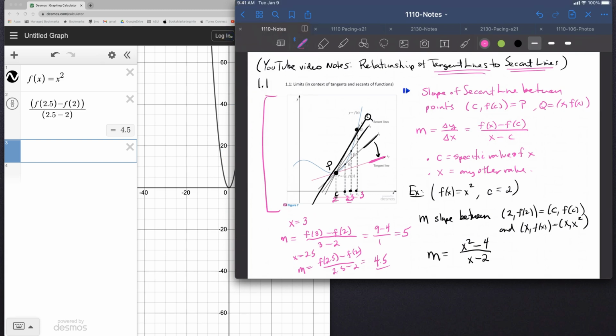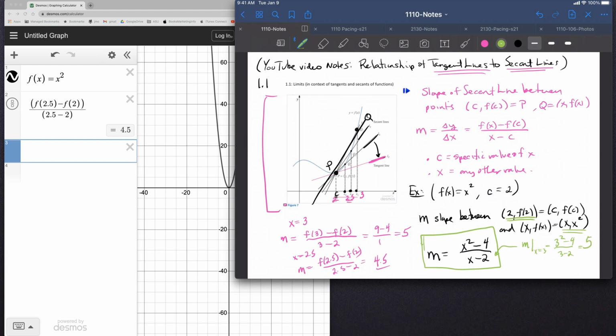Notice that this formula right here is the slope of the secant line between the point P, 2 comma f of 2, and any other value of x. So for example, if you put 3 into this function, you would get 3 squared minus 4 over 3 minus 2, which is 9 minus 4, which is 5.